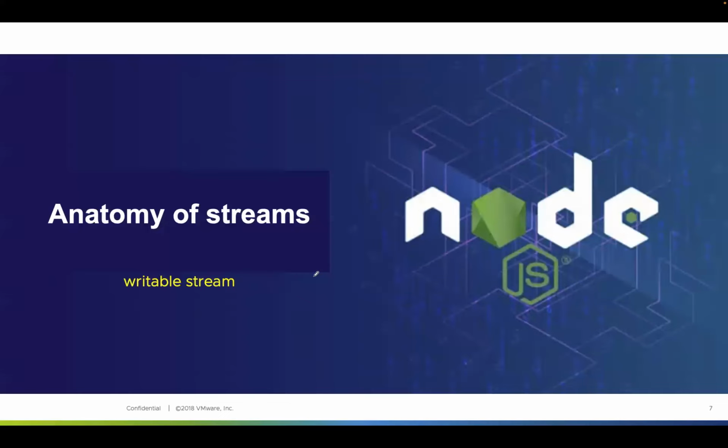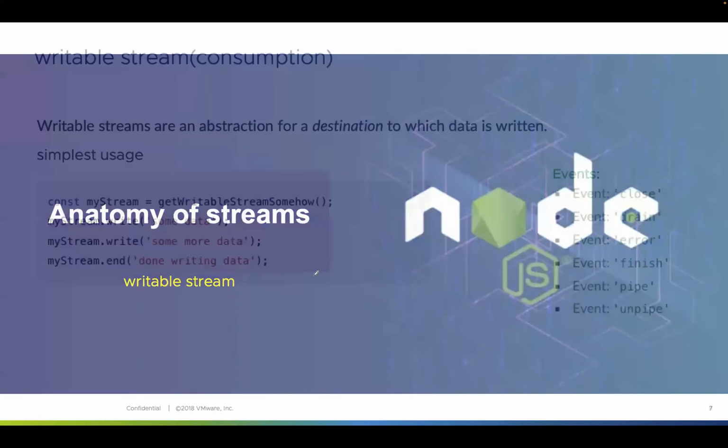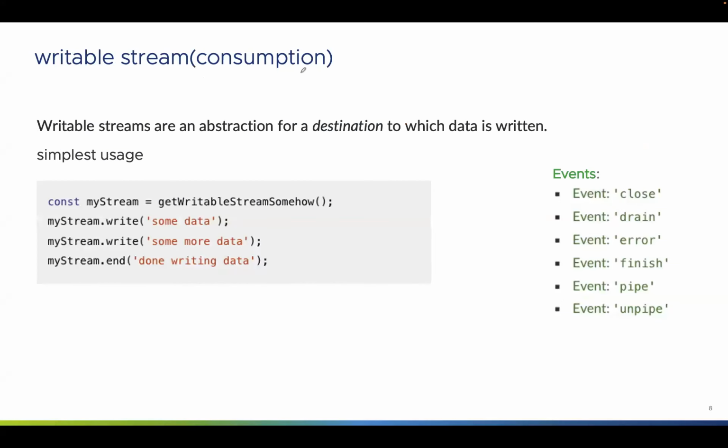I'm going to talk about the first one, which is the writable stream, because the writable stream is the simplest stream out of these four. We usually talk about a specific stream in two parts. The first is the consumption part, that is, when you are a consumer, how to use this writable stream.